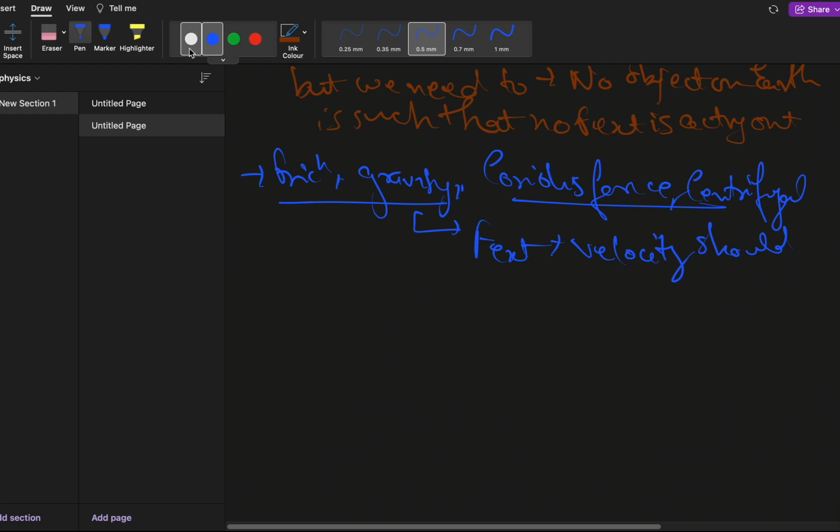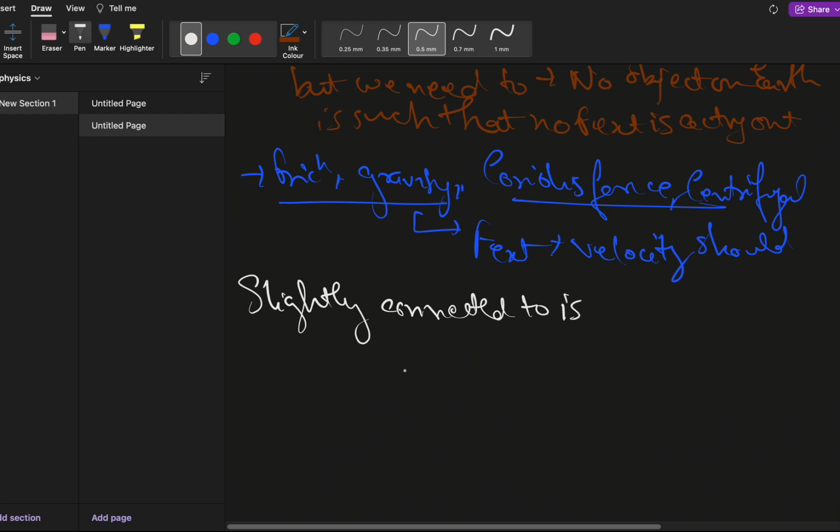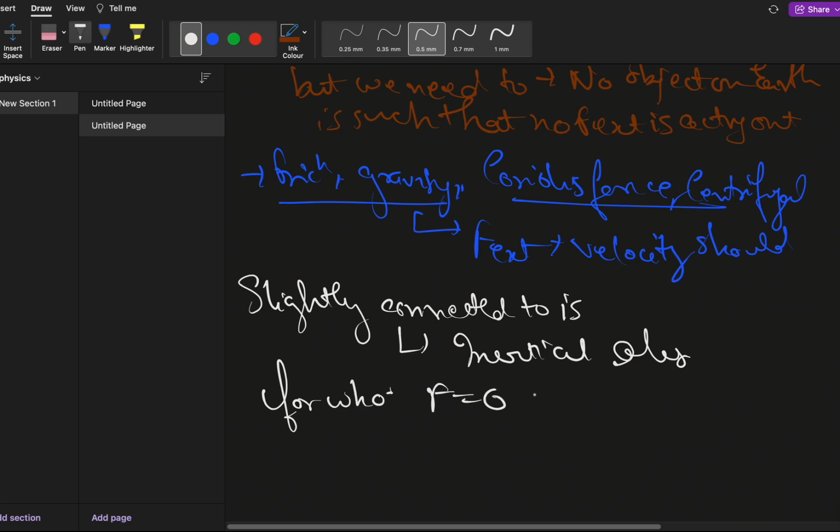The first law of motion also defines what an inertial observer is, which is slightly connected to the second law of motion. The inertial observer is the one for whom F equals 0 implies a is also equal to 0.